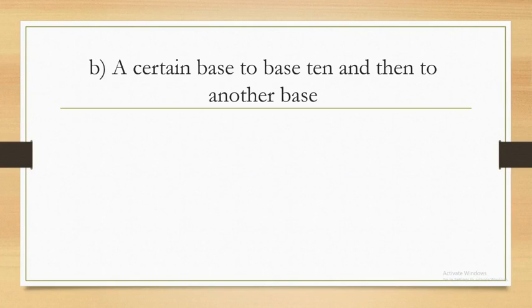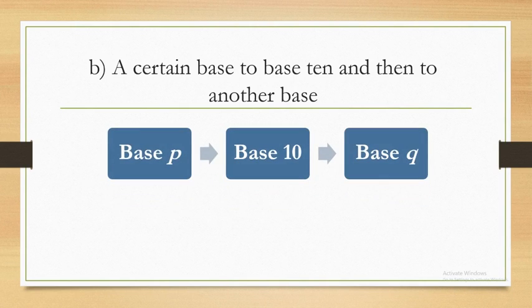For the second one, we convert a certain base to base 10 and then to another base. Let's see this flow: from base P to base 10 and then base Q. For example, convert 253 base 6 to base 9.